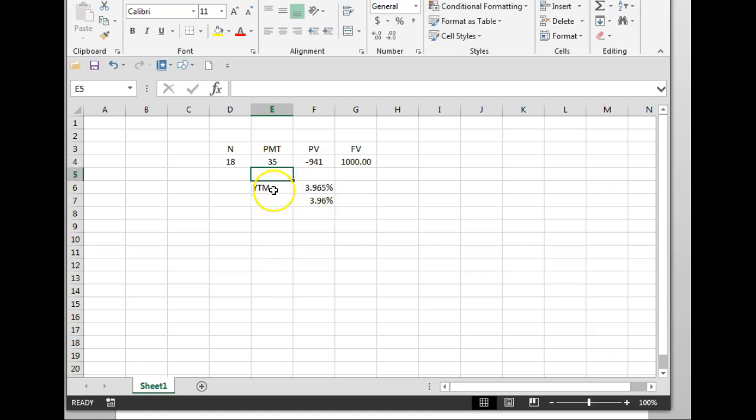How would that change the yield to maturity? Now remember, you're going to have to multiply this times 2 because we're using 6 months now, and that will give you the new yield.